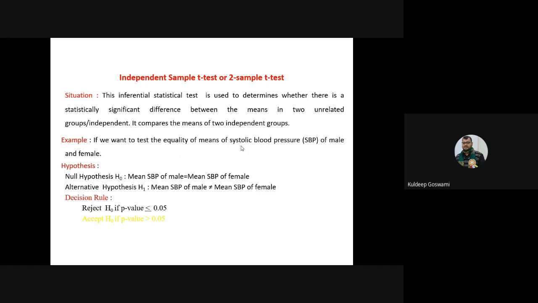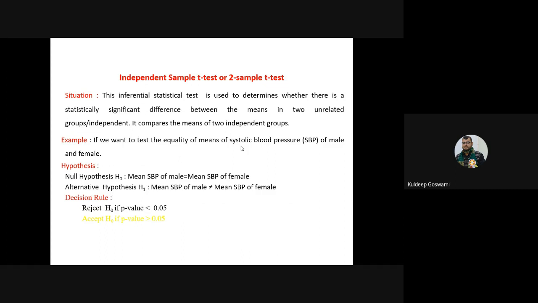For example, if we want to test the equality of means of systolic blood pressure of male and female, in this case my research question would be whether the mean systolic blood pressure of male and female are the same.